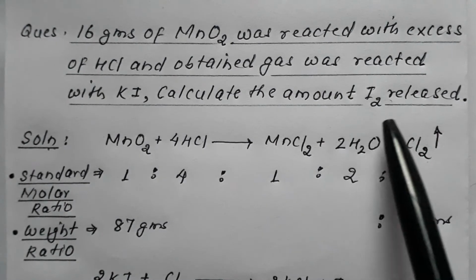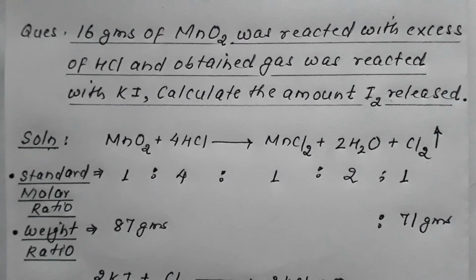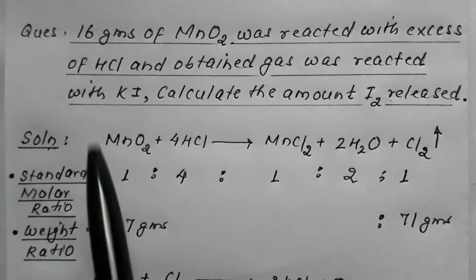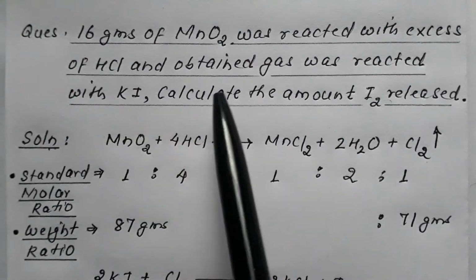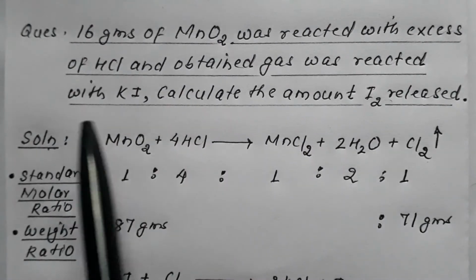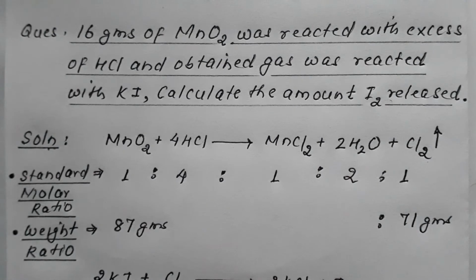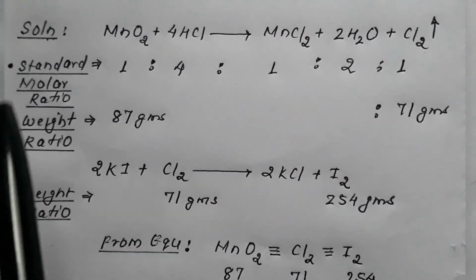Calculate the amount of iodine released. I repeat, 16 grams of MnO2 was reacted with excess of HCl and the obtained gas was reacted with KI. Calculate the amount of iodine released. Let us discuss the solution for this.